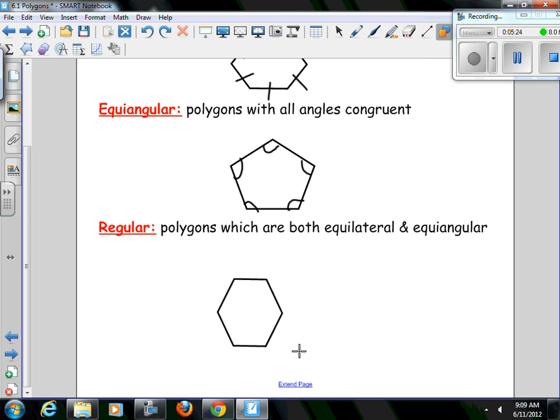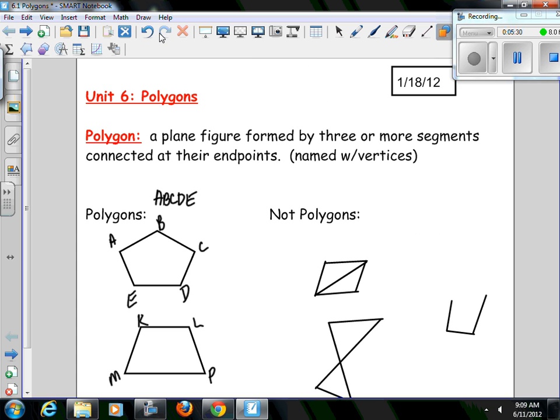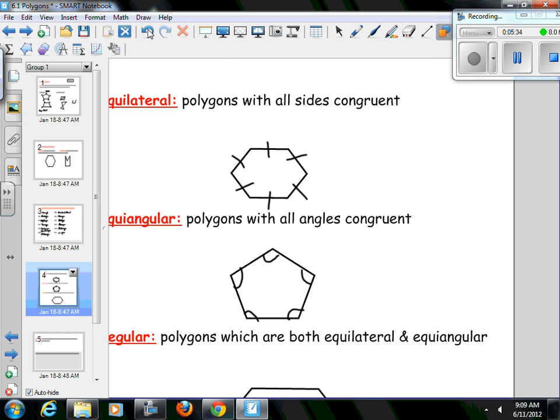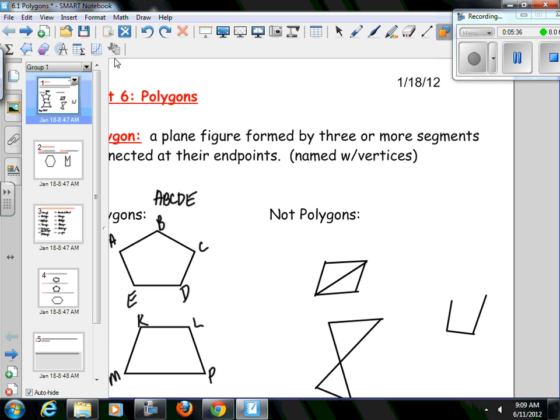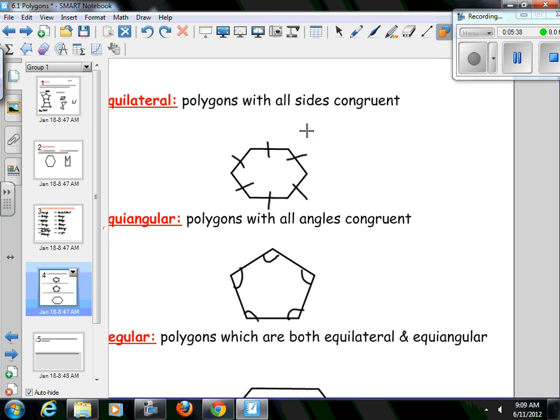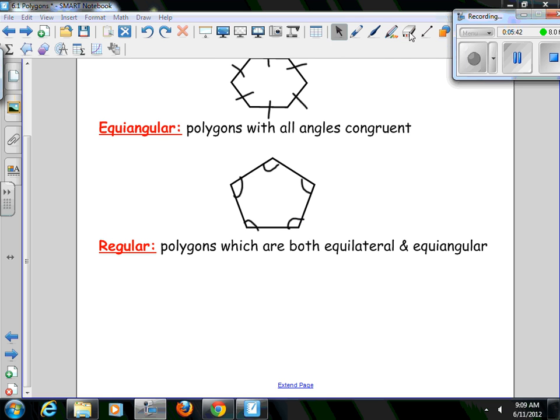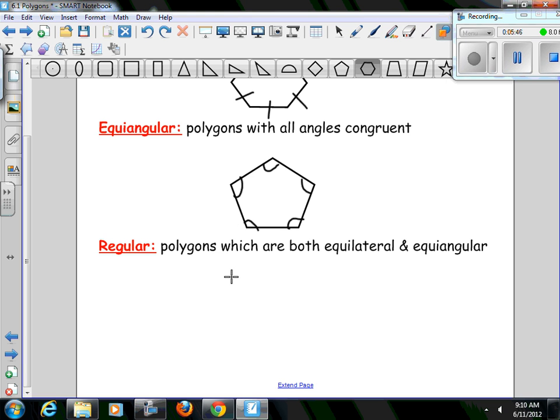So let's look again at the hexagon. No, I guess I did not draw that one that well. Let me go. Oh, just a minute. There we go. So let me try that again. So let me draw you. Here we go.